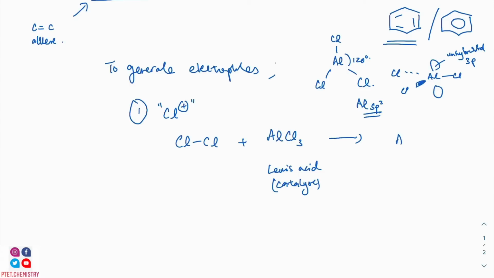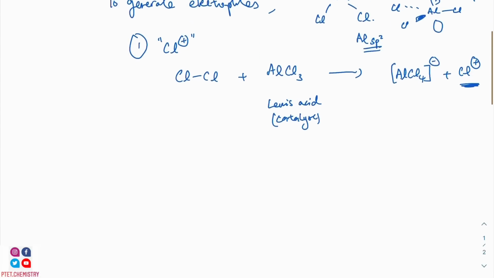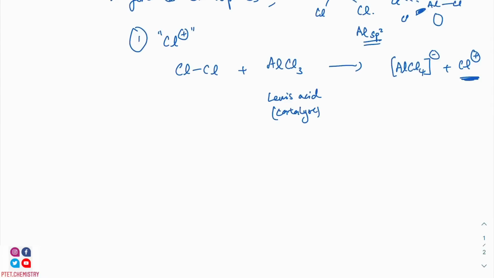Therefore you can have a dative covalent bond form in such a way that a Cl minus can enter that. And because you're forming chloride minus, you will get a chlorine plus as well. That is your electrophile. This is the balanced equation to generate the Cl plus, and it's required in a mechanism. If you don't have this, how can you do the electrophilic substitution? So this must happen before you can do the electrophilic substitution with the benzene ring.